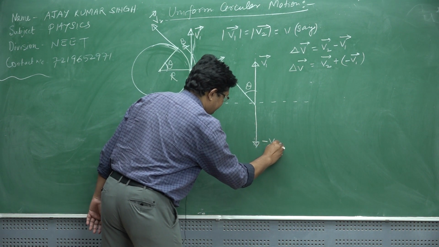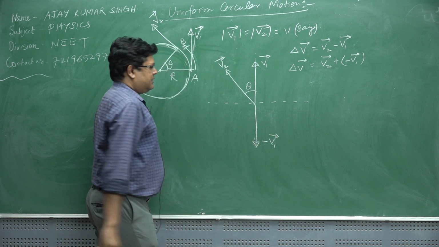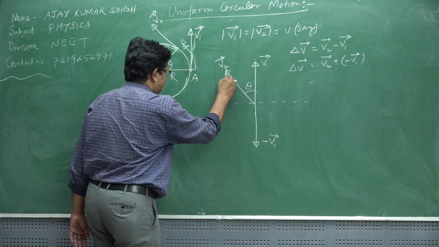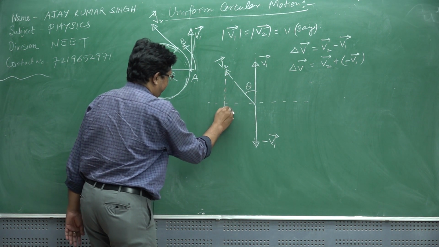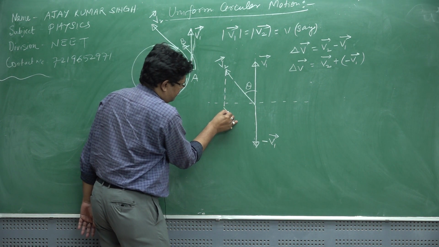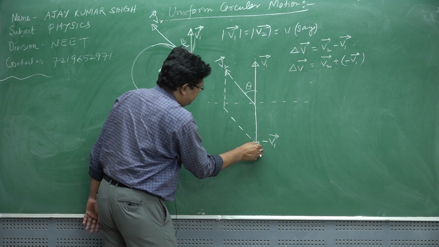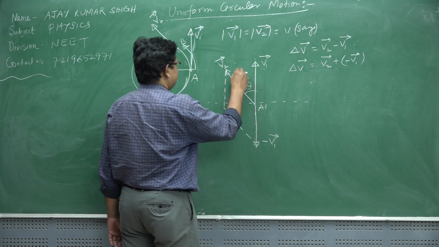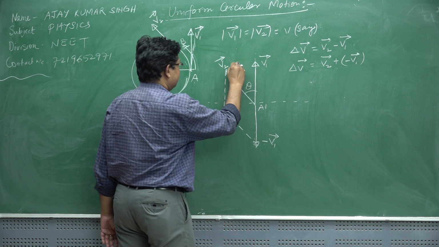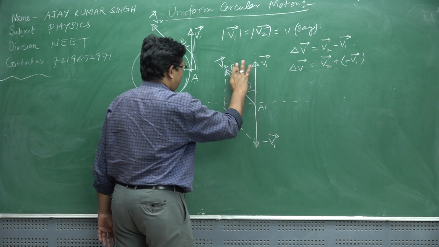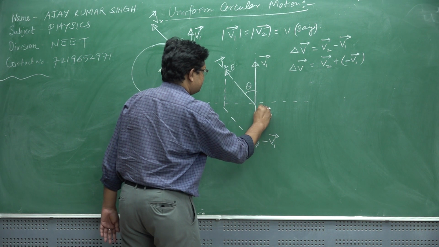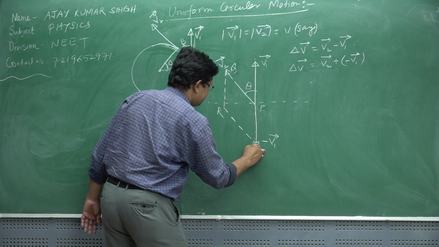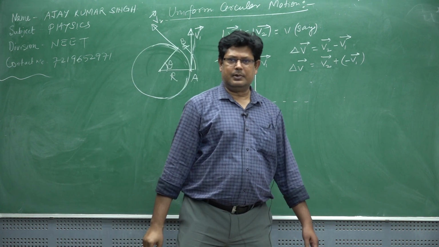This is negative of V1. So what is the resultant of these two vectors? Suppose we can draw a parallelogram. So this parallelogram we can name that this is A dashed and B dashed, or we can say that PQRS, PQRS is the parallelogram, right?